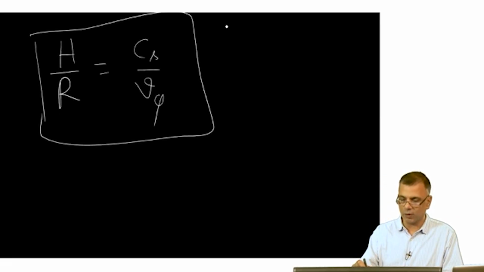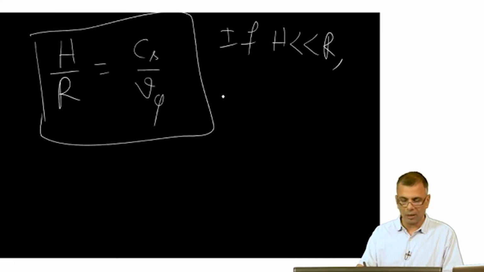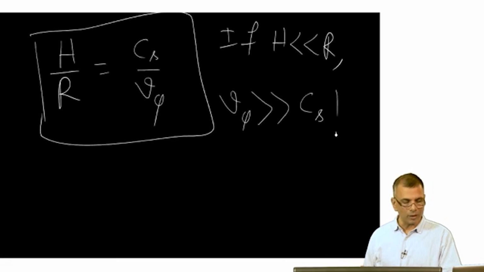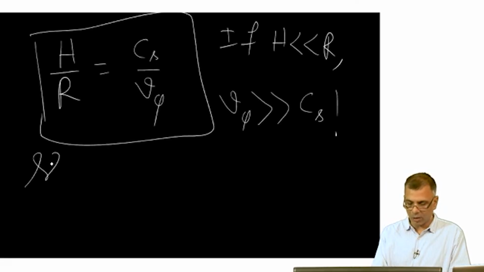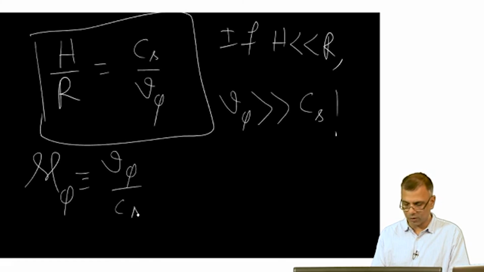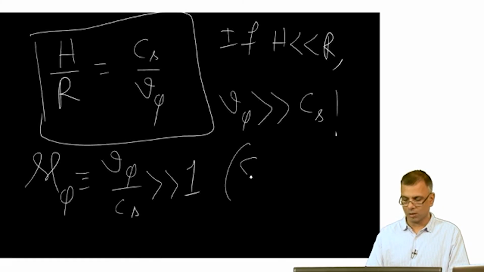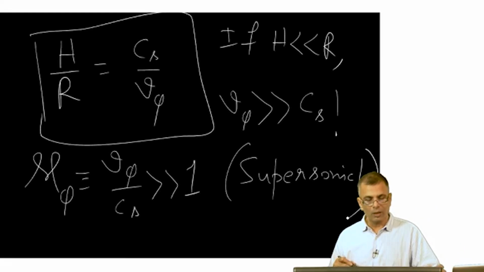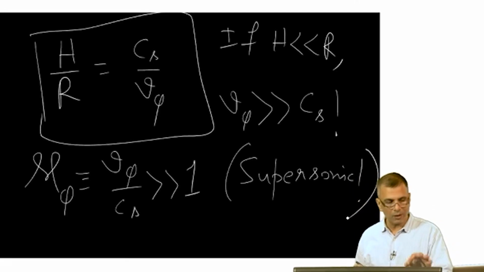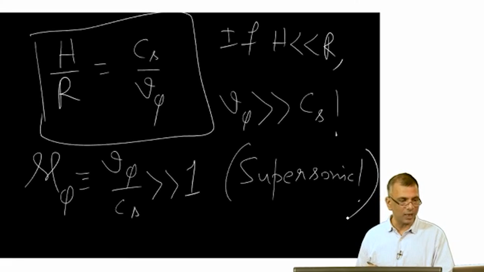It means that v phi has to be, in other words, the azimuthal Mach number, which is defined as v phi over cs, very supersonic, right? So if you have a thin disk, it automatically assumes that the azimuthal Mach number is much larger than 1.